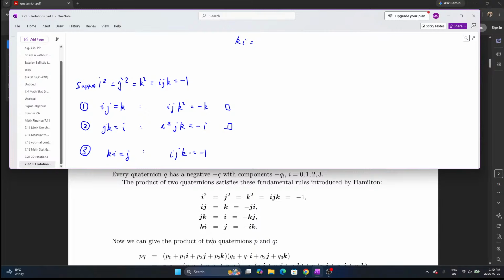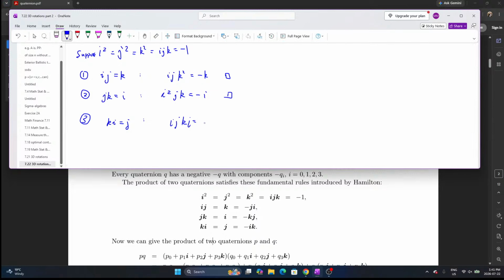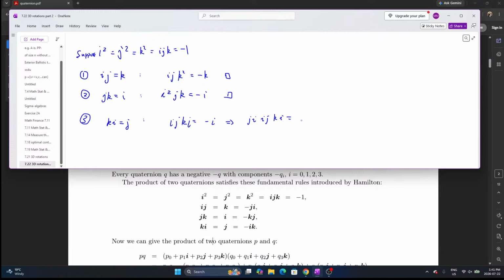If we multiply i on both sides, multiply i with ki, and ij is k, but I don't want to use that, because this way ki gets destroyed. Multiply by ji. Let's try it. ji, ij, ki equals minus ji, i.